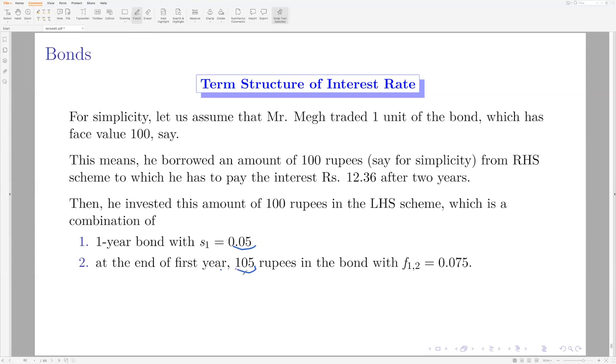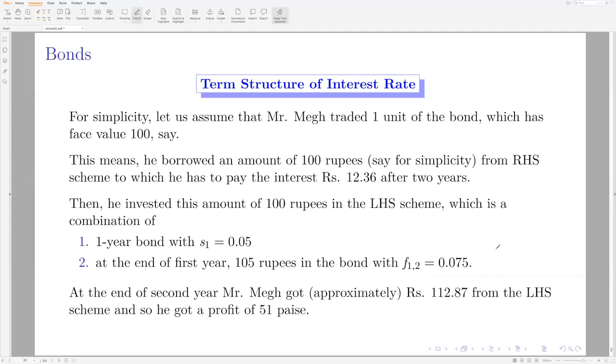Therefore he will get 105 rupees from the 1-year bond, and then he already got the forward contract. Therefore, after the end of 1 year, he will put this 105 rupees into the bond with the rate 7.5%. That is what the forward market offered him.